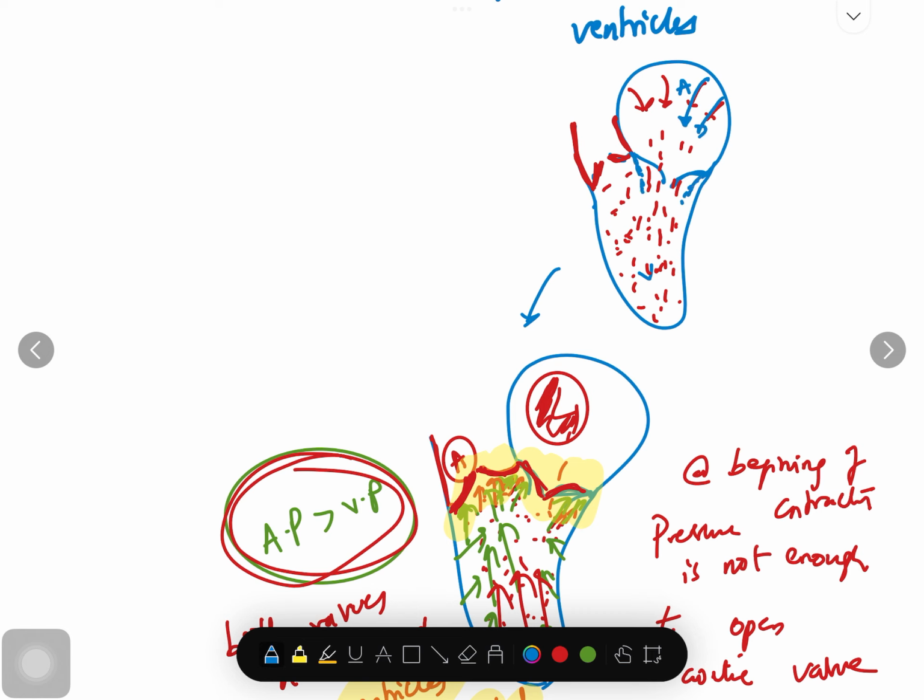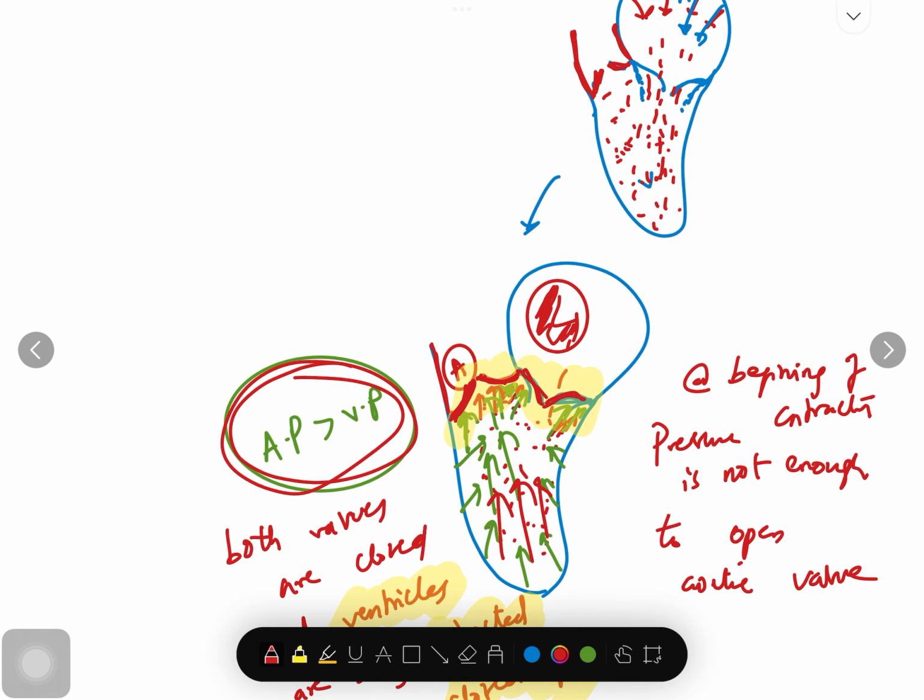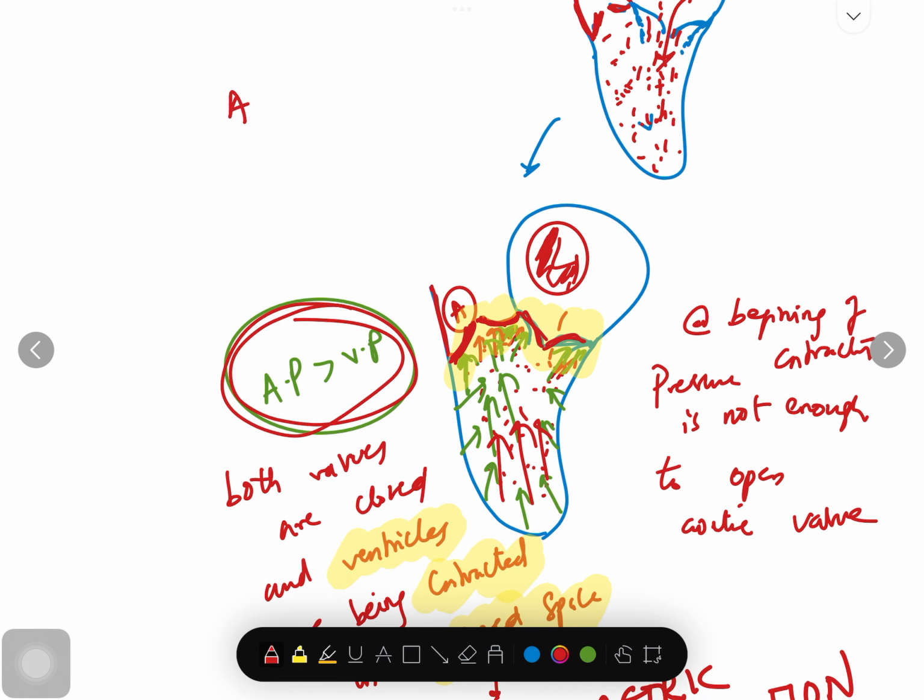Very very important guys. Once again, I am just gonna recap this. So atria is actively contracting, pushing blood, opening this atrioventricular valve or mitral valve and filling blood into ventricles. After complete emptying, this atria has completely dumped its blood into ventricles. Now ventricle is starting contraction.